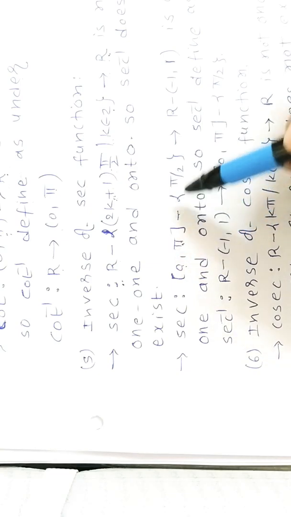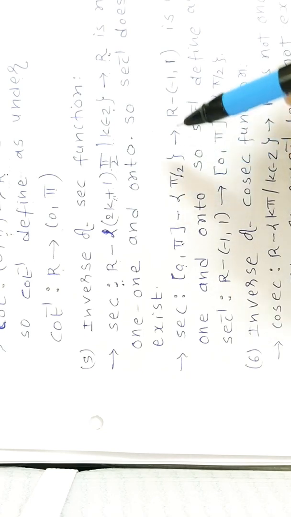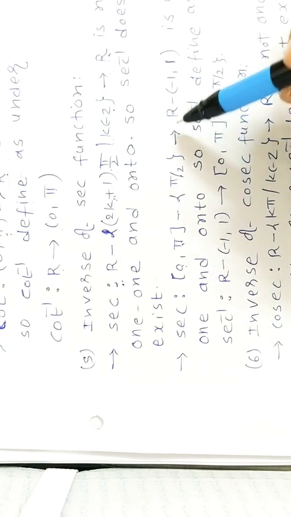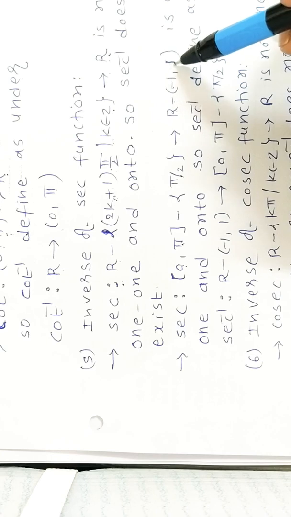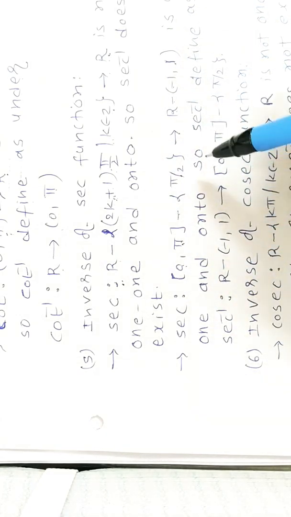0 to pi minus pi by 2, because sec pi by 2 is not defined, and the new codomain is R minus (minus 1 to plus 1), because the range of sec function is R minus (minus 1 to plus 1). So in this way sec function becomes one-one and onto.